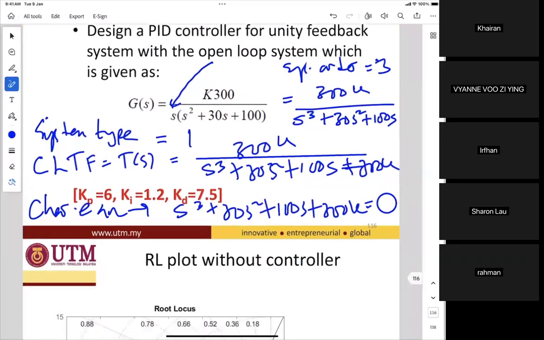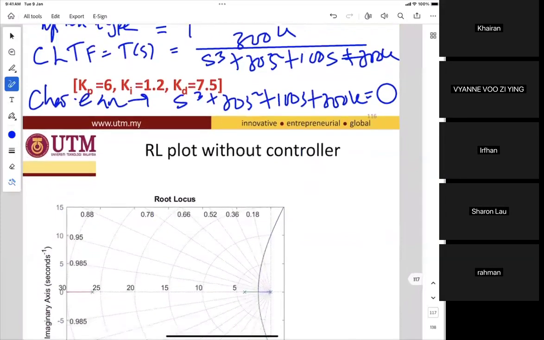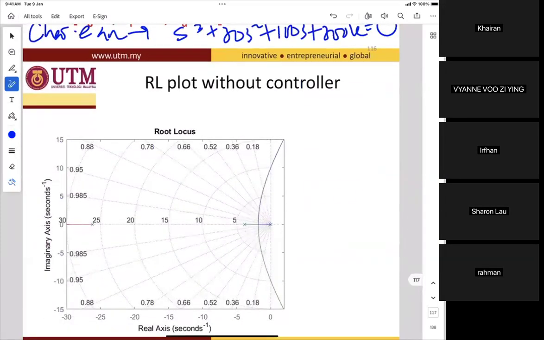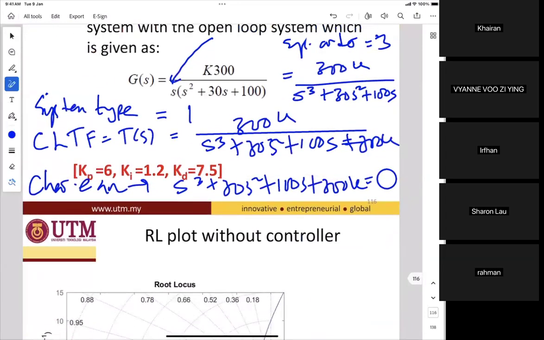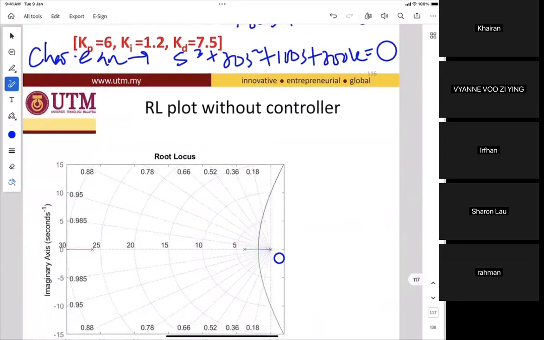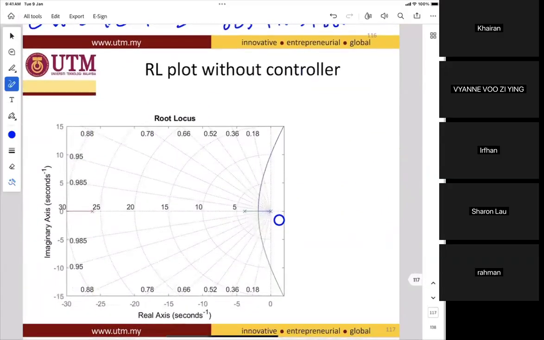Good. So we plot the root locus. We have open loop poles at 0.